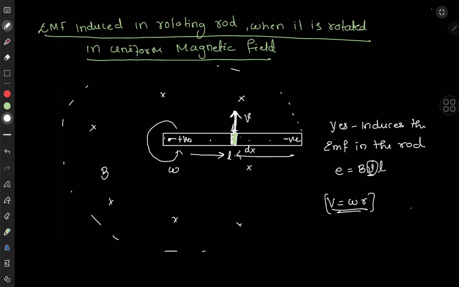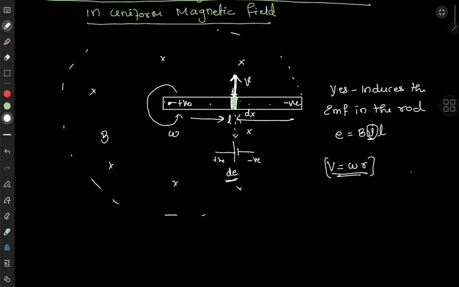So a very small dx length will act like a very small battery, with a positive terminal and a negative terminal. This is the EMF induced in this element, which we will call dE. Now we will find out the total EMF induced.